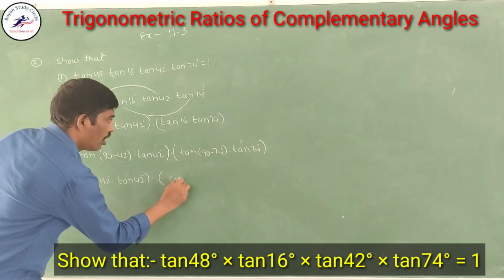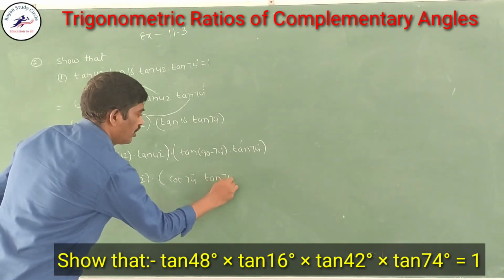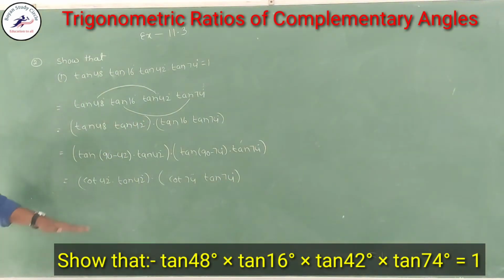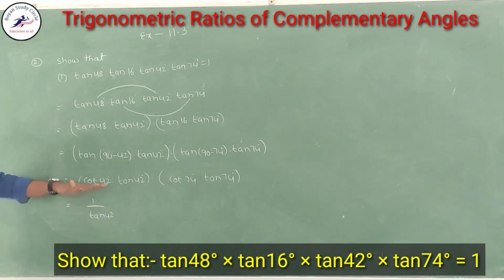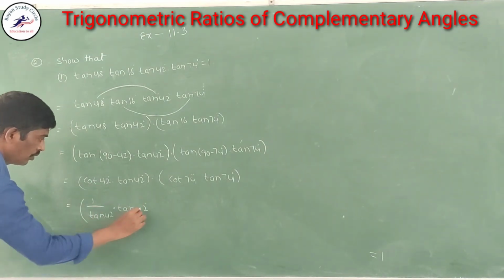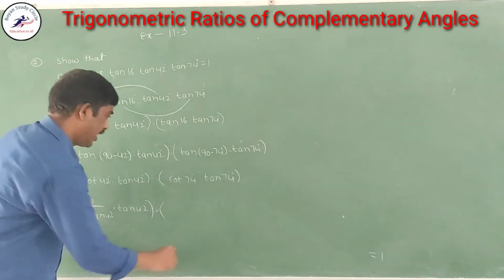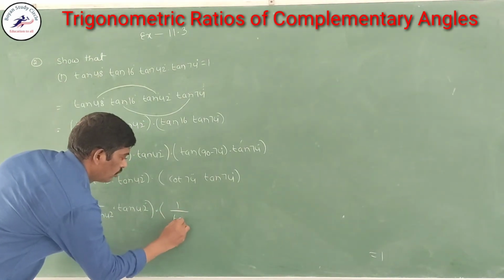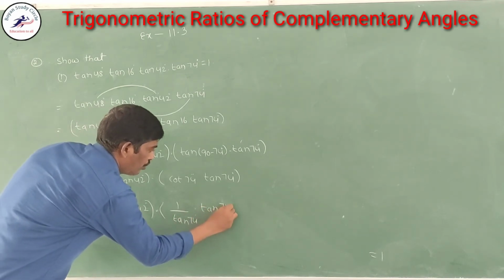So cot of 74 degrees into tan of 74 degrees. Okay, cot 42 we can write just like that, 1 by tan 42. Cot 42 is equal to 1 by tan 42 into tan 42 degrees into, here also same, cot 74, we write 1 by tan 74 degrees into tan 74 degrees.